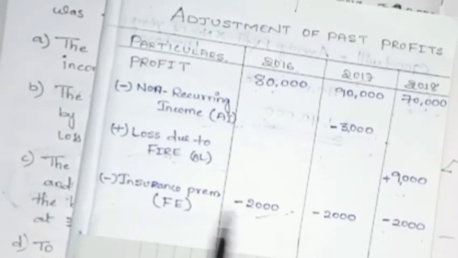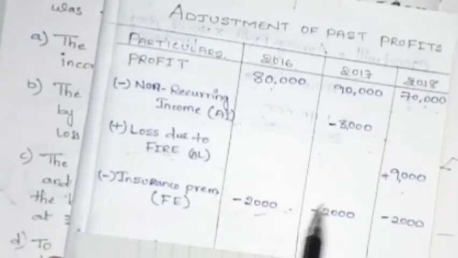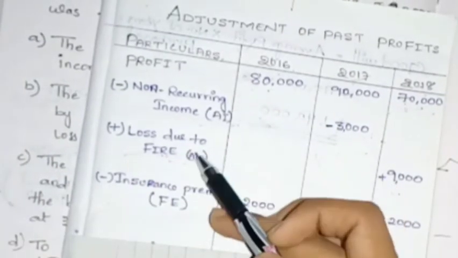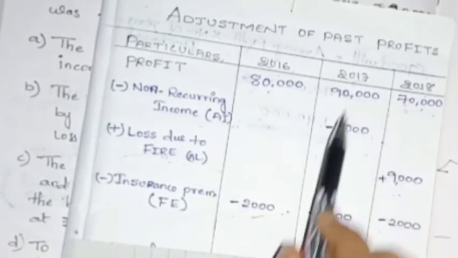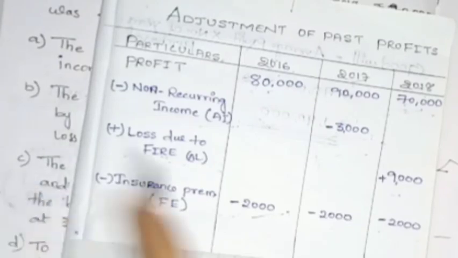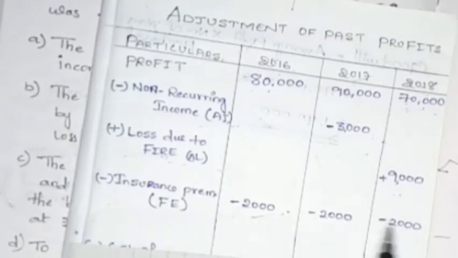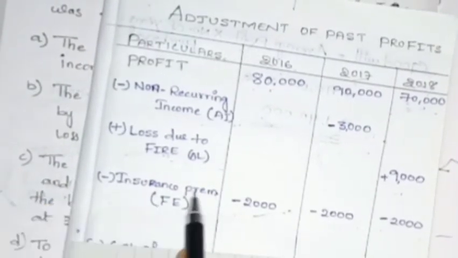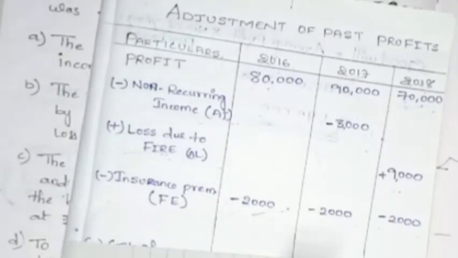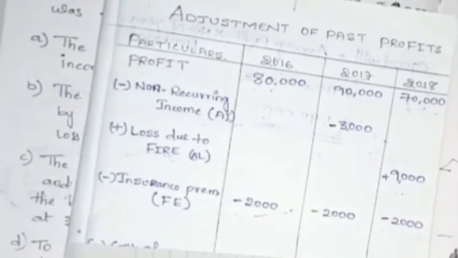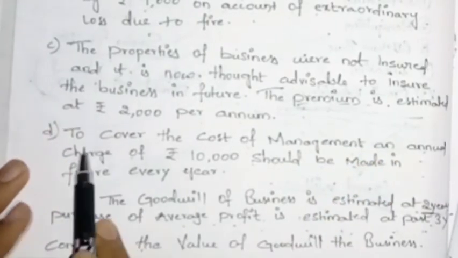Same with the future income also, all the years. But abnormal income and abnormal losses only to the specific years in which they occur. Okay, so the insurance premium will be subtracted from all the years. 2,000, right? Fine.